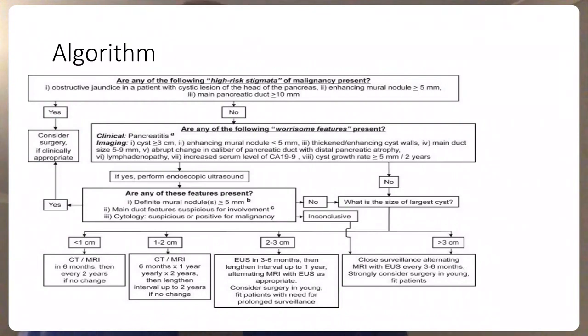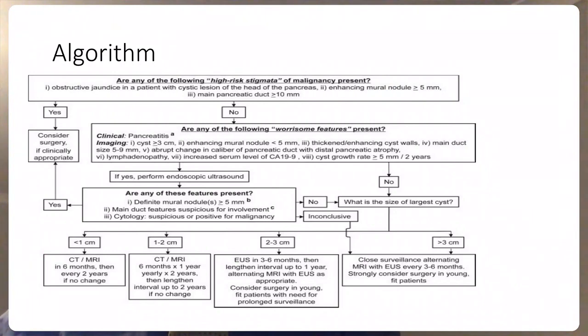So this is for IPMN only, not for other cystic lesions. Initially it was called the Sendai criteria, then it was modified in 2017 and published as the Fukuoka criteria for management of intraductal papillary mucinous neoplasms of the pancreas.